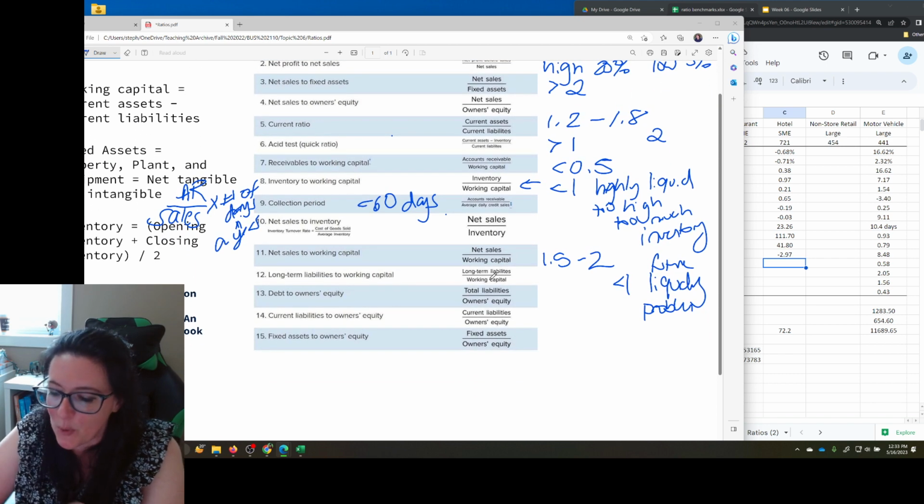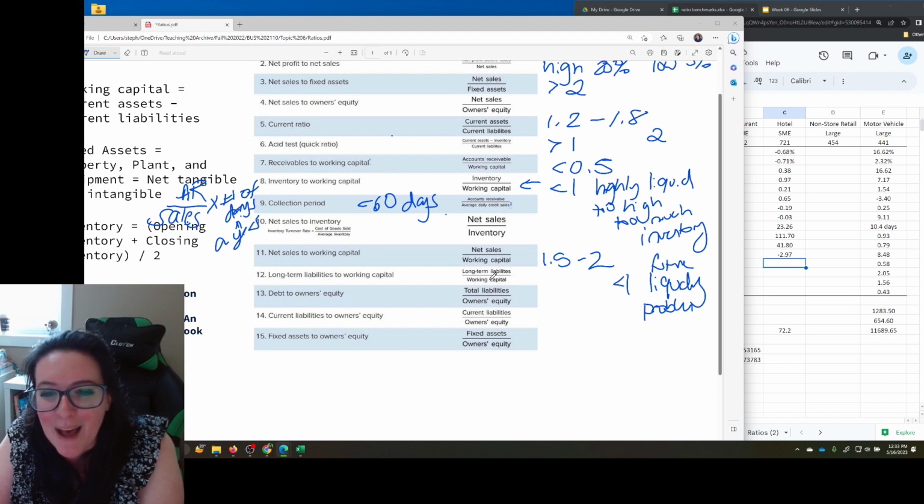Long-term liabilities, so we've been looking at current liabilities. In terms of working capital, we were taking the current assets minus the current liability, so short-term debt. Here we're looking at long-term liability. So this is debt that is more than 12 months. So what we're looking at is the debt longer than 12 months versus the assets that are owned.